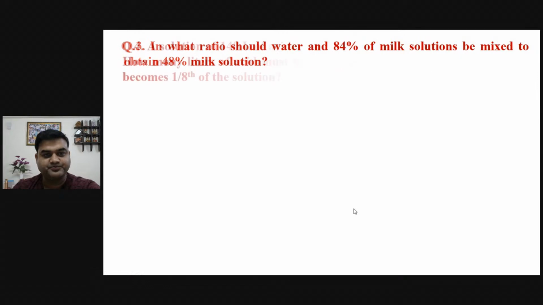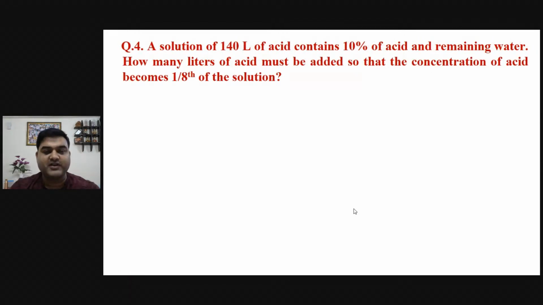Let's see the next sum. A solution of 140 liter of acid contains 10% of acid. In this, how much acid is there and how much water is there?